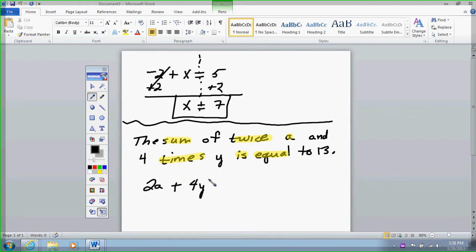So here's the sum, the plus, of twice a, there's twice a, and 4 times y, there's 4 times y, is equal to 13. Bam, done right there. That's how you would answer it. And good luck with that problem, and you might see it again. Let's continue on.